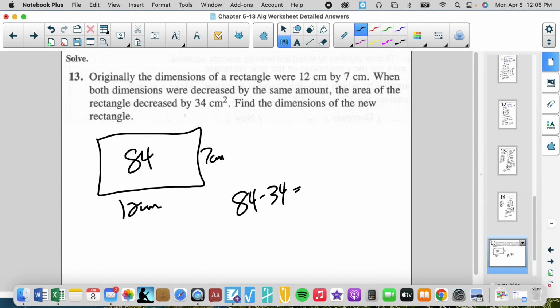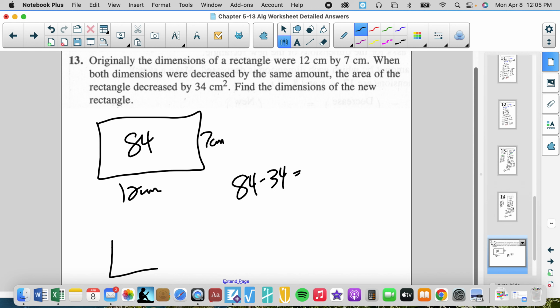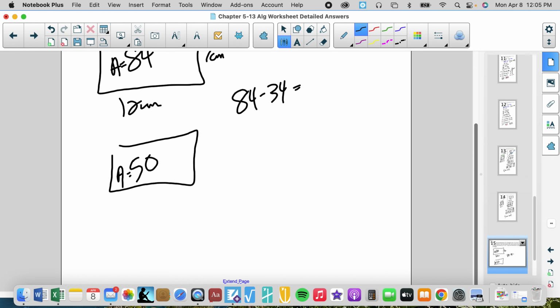That's an area of 50. Area is now going to equal 50, and we reduced both by x, the same distance.